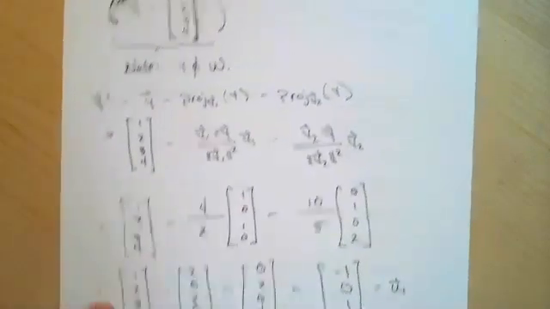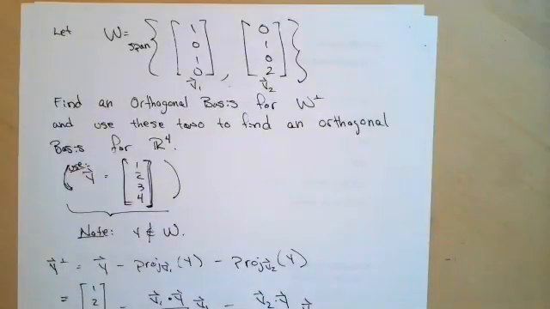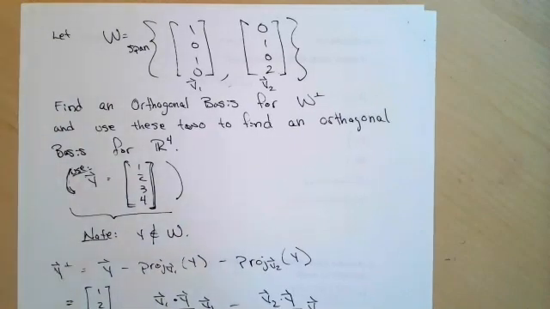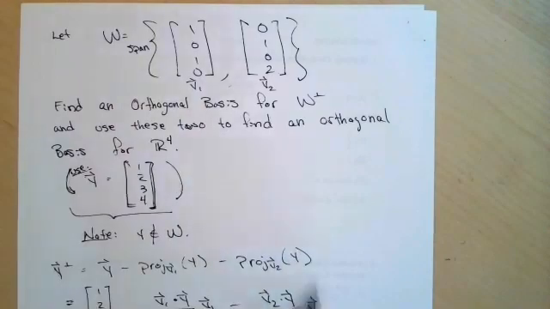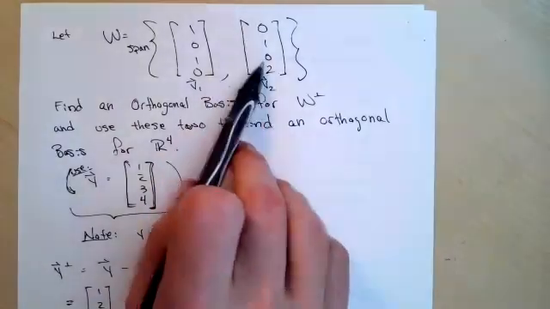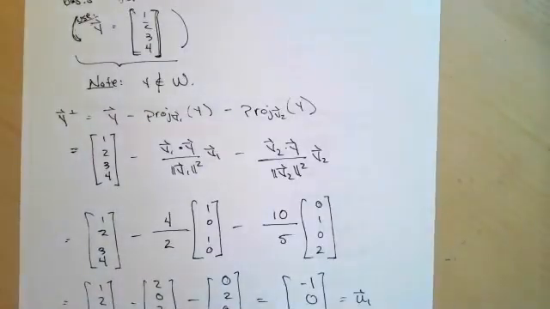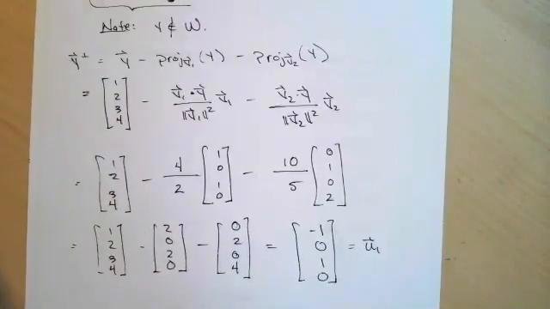And if we take a look, when we take the dot product of U1 with V1, it's going to be 0. And of course, the dot product of U1 with V2 is going to be 0 as well. So that is one good element.